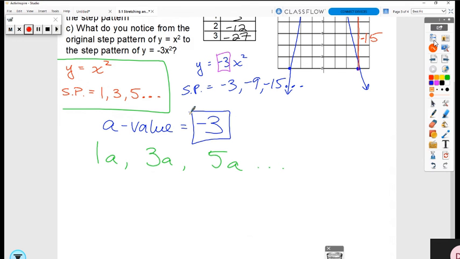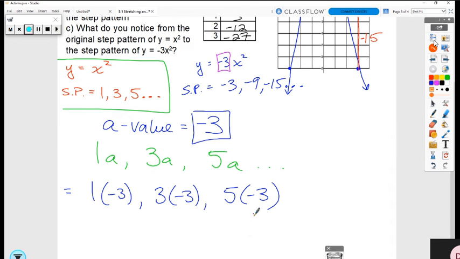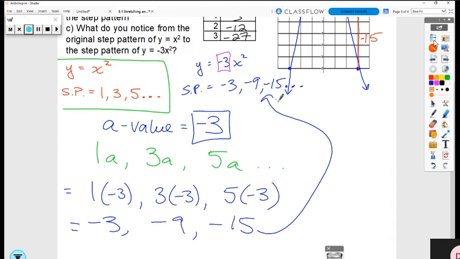We're just going to multiply the step pattern by whatever the A value is. In this case, it's negative 3. So 1 times negative 3, 3 times negative 3, 5 times negative 3, and what do we get? We get negative 3, negative 9, negative 15, which is a whole lot easier than graphing this thing and then trying to figure out the step pattern.